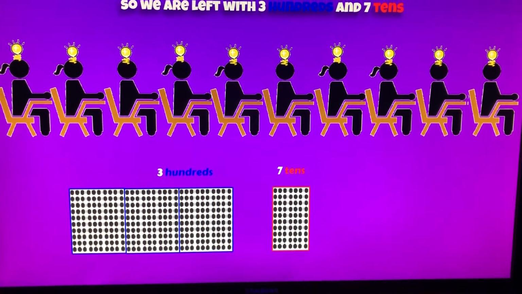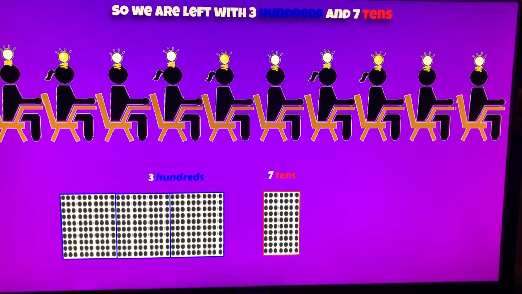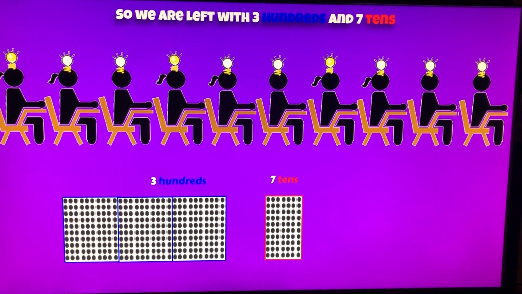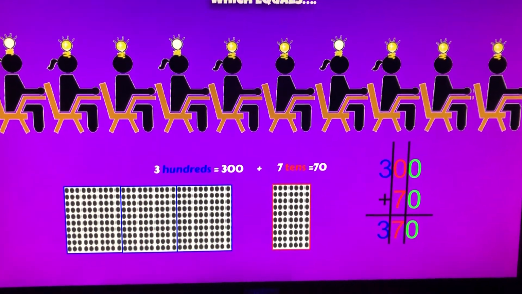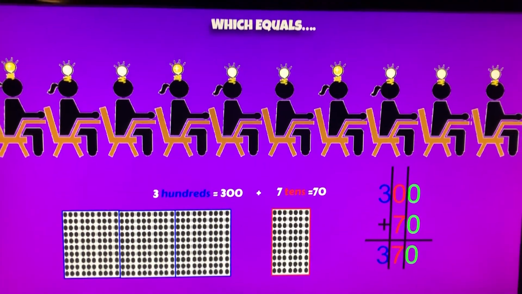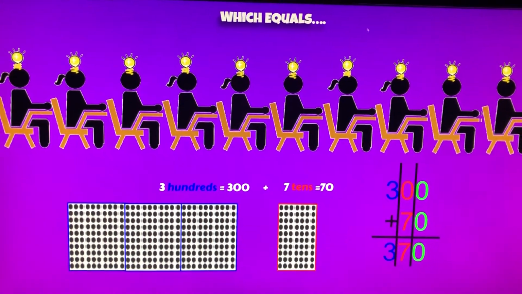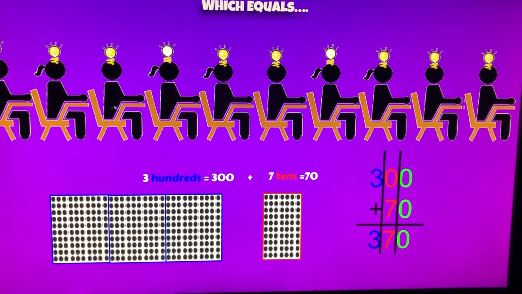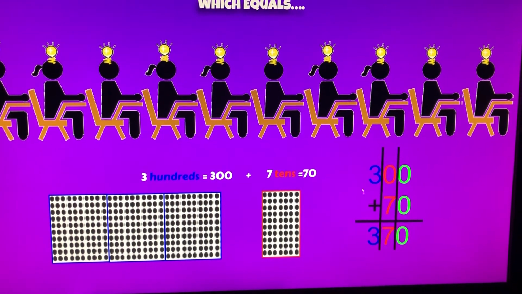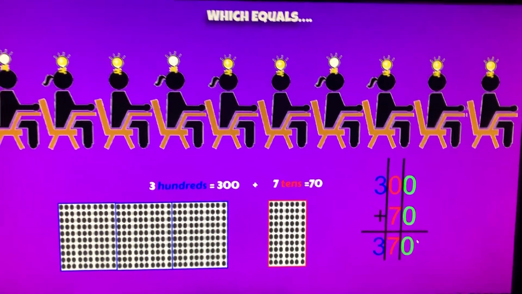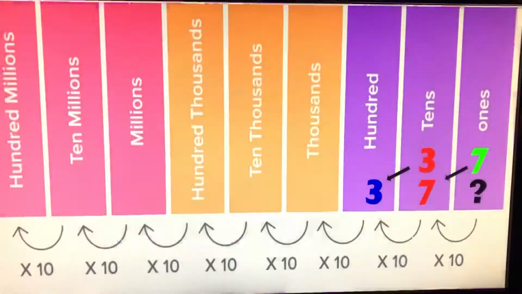So 300 and 7 10s, which equals, if we put them together, if we expand this number right here, 300 plus 70, and if we put it up, it's 370.